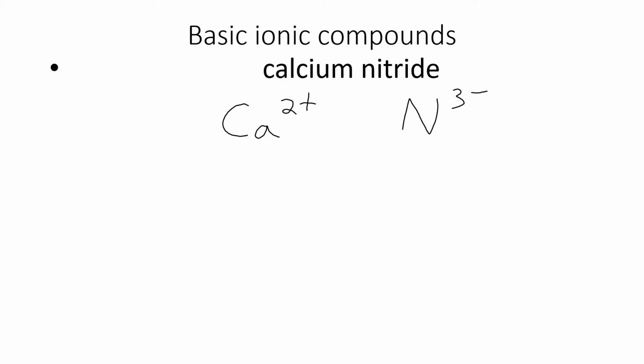Remember, whether you write 3 minus or -3 doesn't matter. +2, 2 plus doesn't matter. So now when we look at this, do we have charge balance? And the answer would be no. I have a total of +2 for calcium and -3 for nitrogen. I don't have charge balance. I have an unequal amount of positive and negative charge right now.